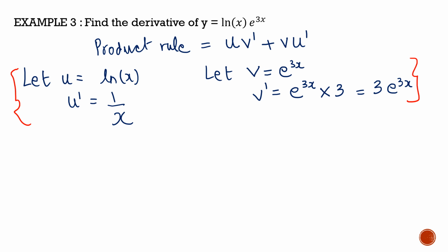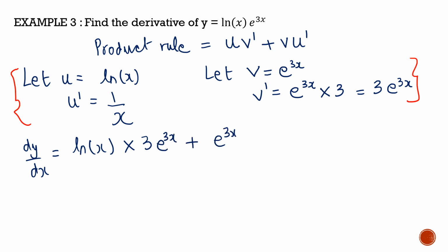Now I'm going to apply the product rule to differentiate. So dy over dx, with the application of the product rule, is the first function, ln of x, times v dash, which is 3 e to the power 3x, plus the second function e to the power 3x times the derivative of the first function. Now I can see there is the e to the power 3x that's appearing, so it can be factorized.